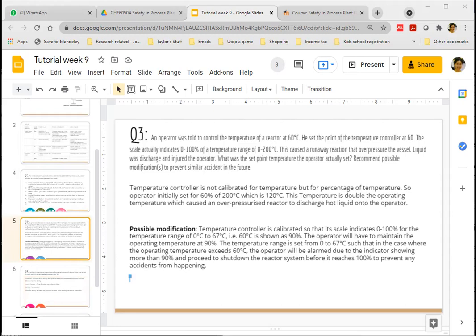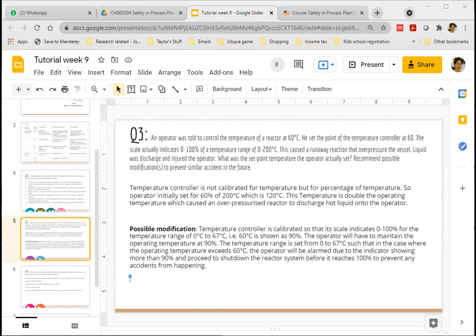So from the indicator, the operator wouldn't realize that the operating temperature is actually doubled, which caused an overpressurized reactor to discharge hot liquid and injure the operator.